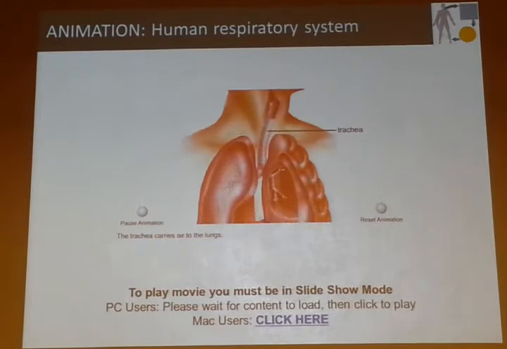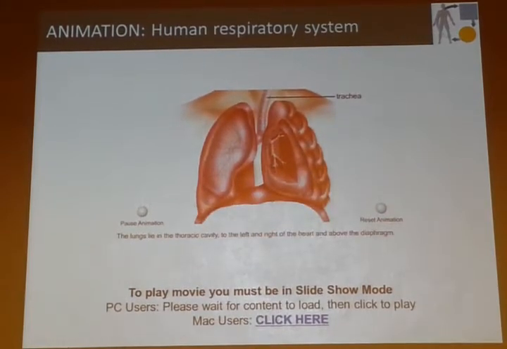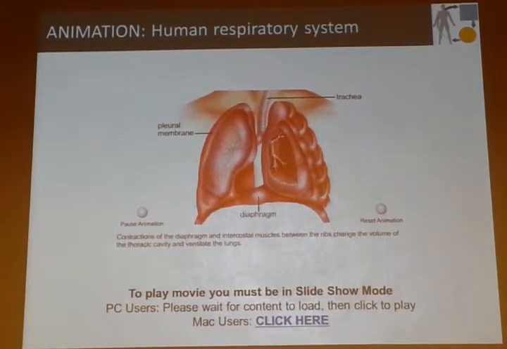The trachea carries air to the lungs. The lungs lie in the thoracic cavity, to the left and right of the heart, and above the diaphragm. A sac-like pleural membrane lies between the outer surface of the lungs and the inner surface of the thoracic cavity's wall. Contractions of the diaphragm and intercostal muscles between the ribs change the volume of the thoracic cavity and ventilate the lungs.